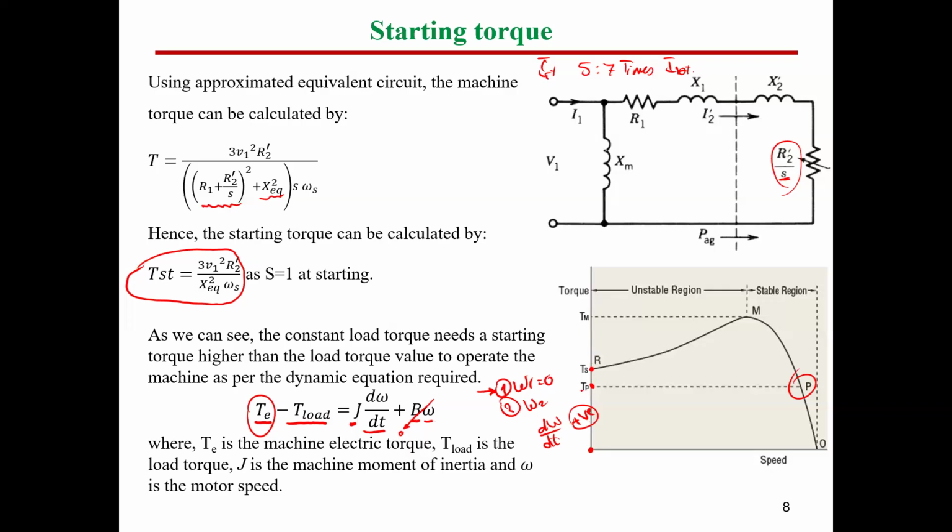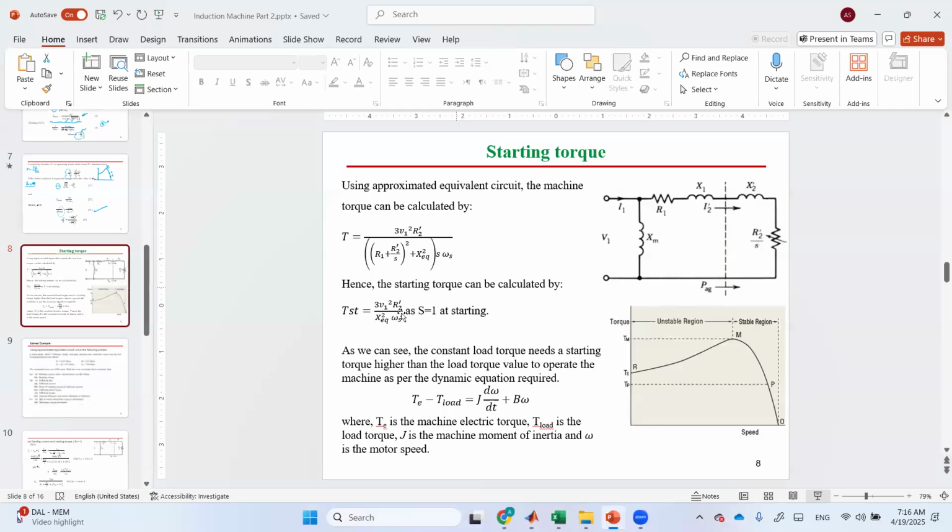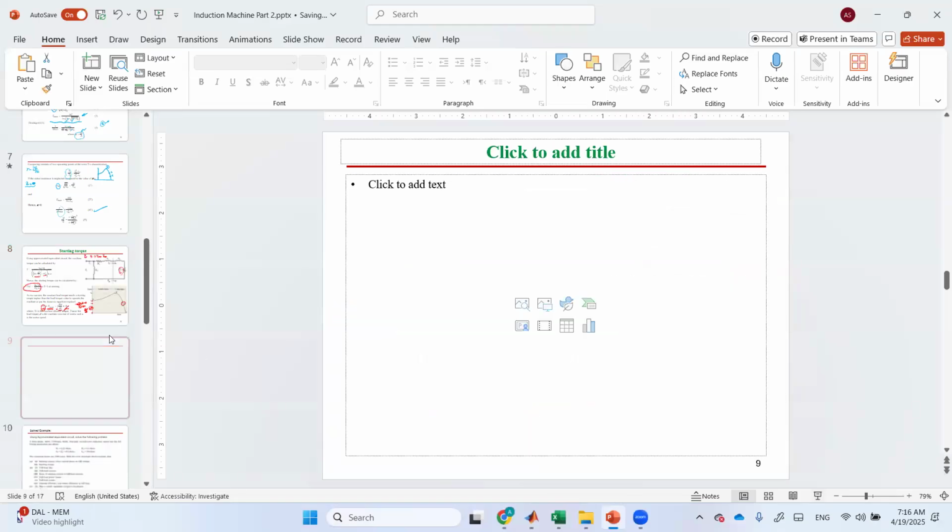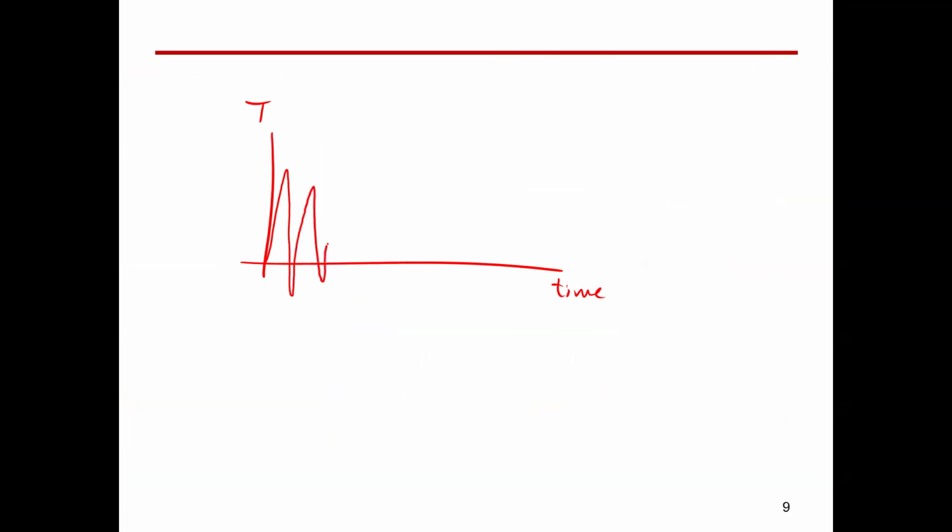So let me show you that in another slide, just to imagine with me, guys, how things are moving in reality. If this is torque and this is time, what will happen is the torque will start from zero, increasing and decreasing, increasing and decreasing, and so on until starting our load.